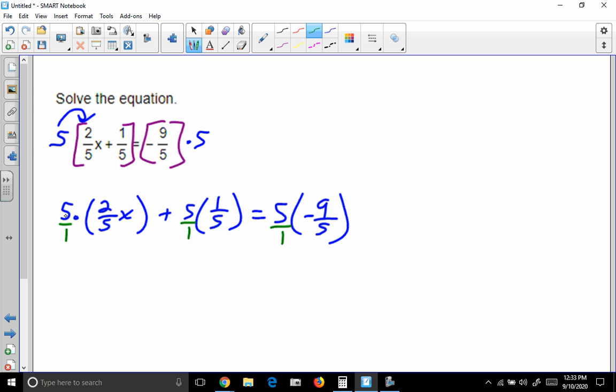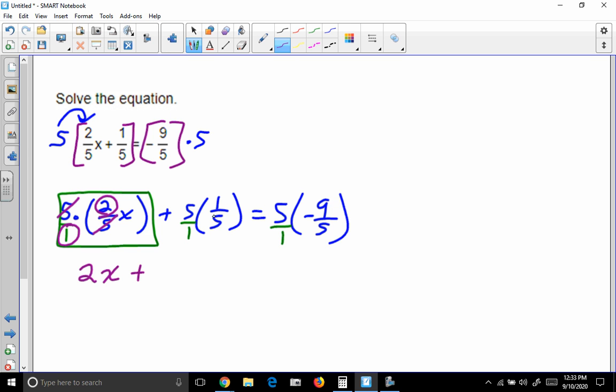So that when I look at this multiplication here, I can see if we're multiplying and we have the same number on top and bottom, we can reduce them. And that 5 cancels. That leaves us a 2 on top. 2 divided by 1 is 2, and then bring down our x.